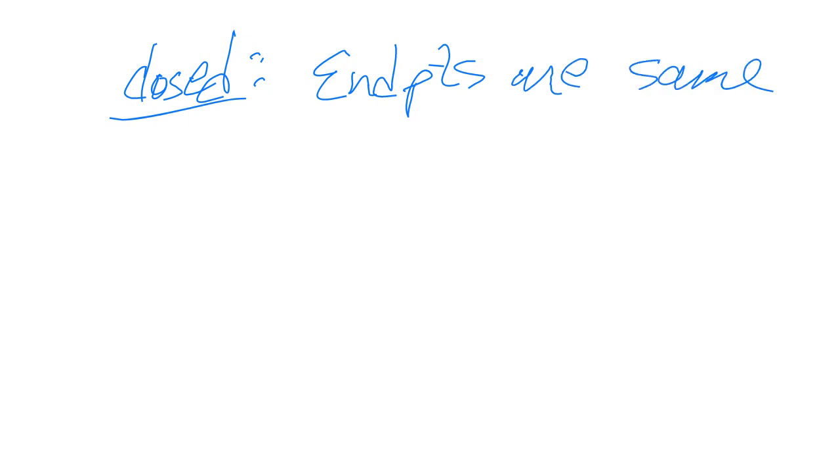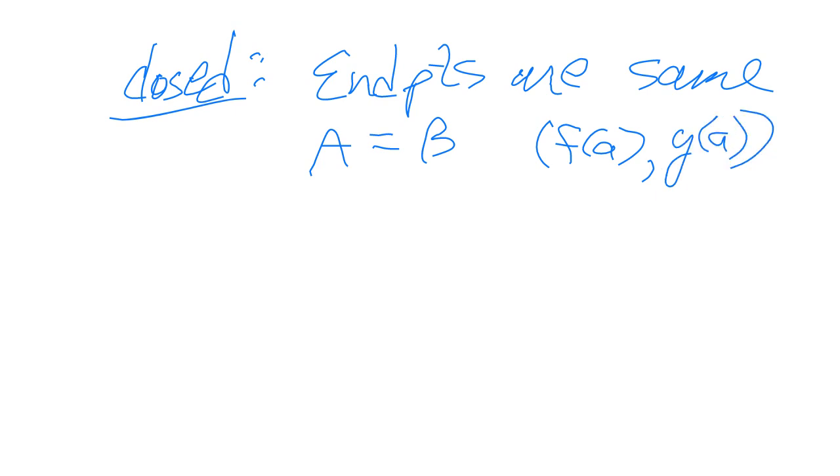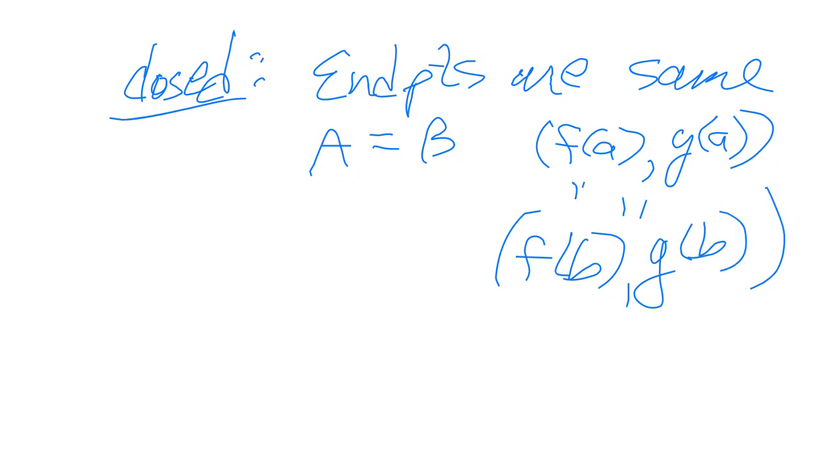In other words, point A equals point B, or f evaluated at t equals A and g evaluated at t equals A is equal to f and g evaluated at t equals B. So this says that f of A equals f of B and g of A equals g of B. So it's closed if the start point and end point are the same.